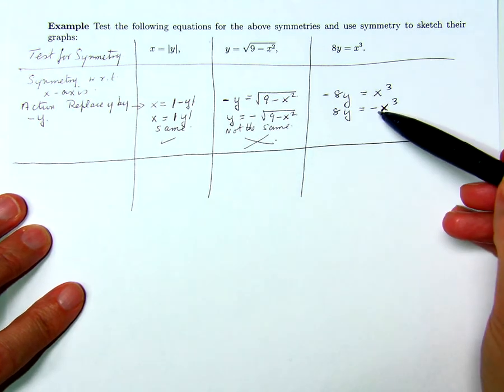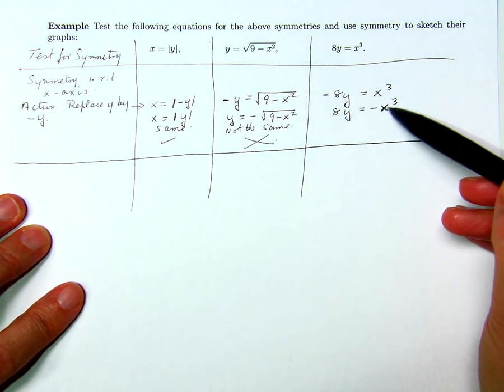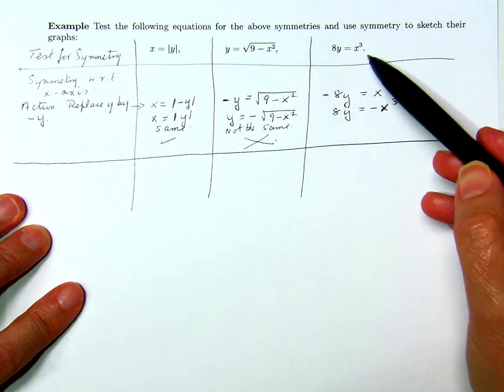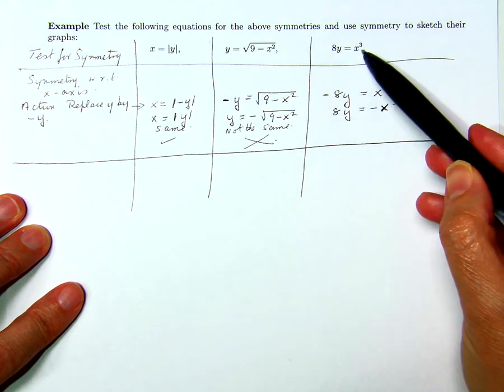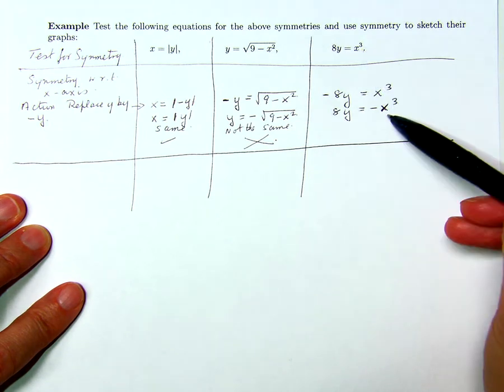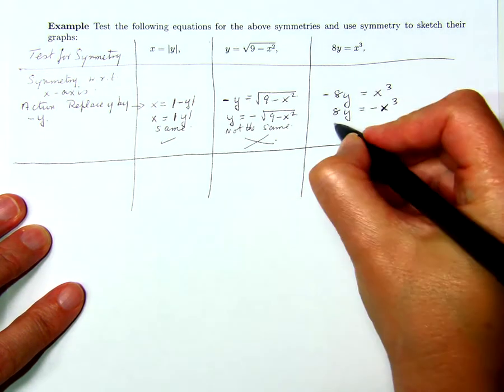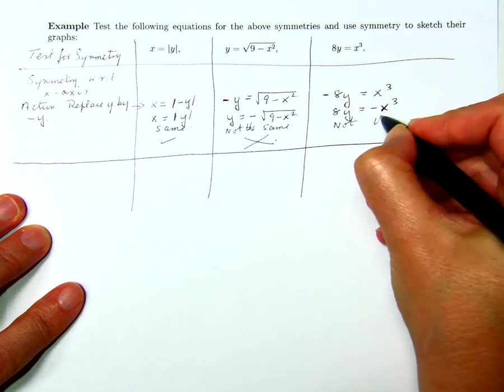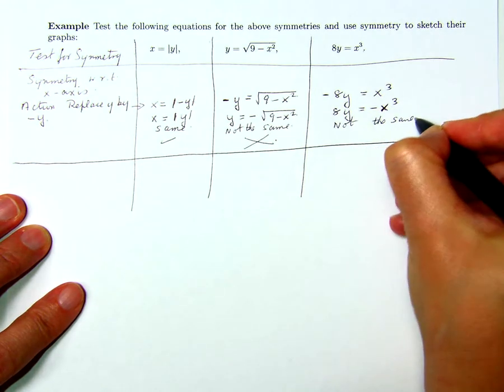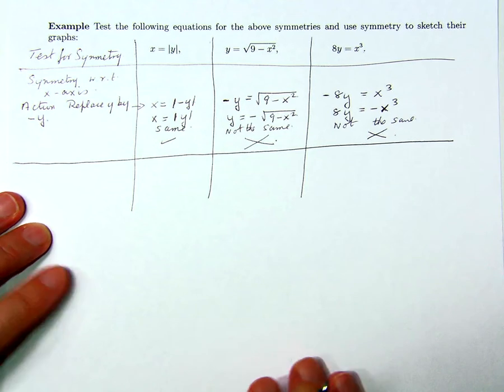And we can easily find a couple of examples for a given x value, say x equals 2, then y would equal 1 here, and y would equal negative 1 here. So they're not the same equation, and so we cannot conclude symmetry with respect to the x-axis here.